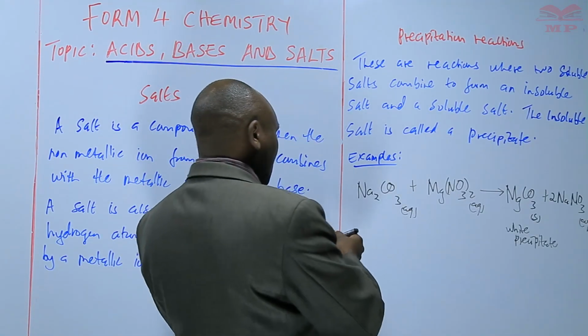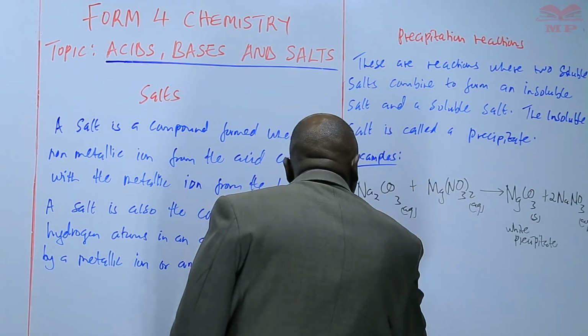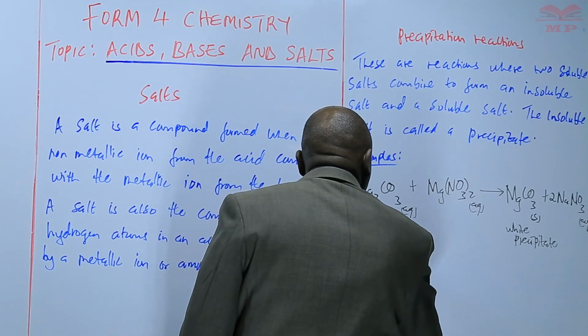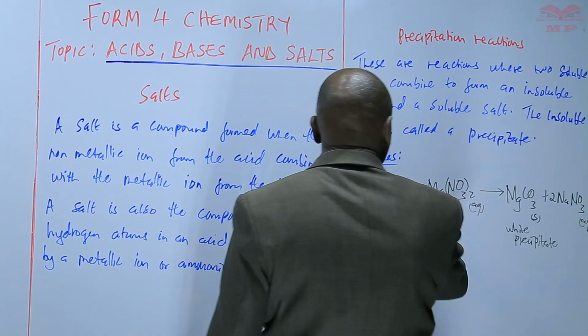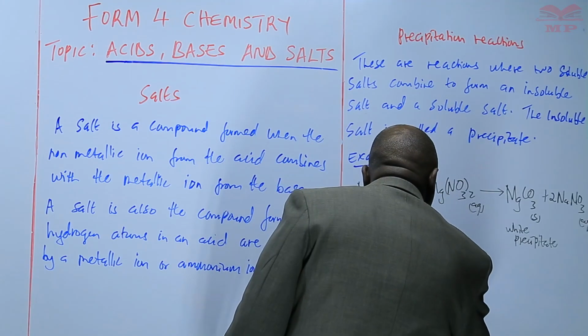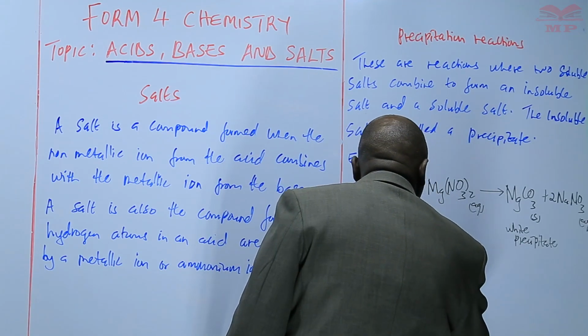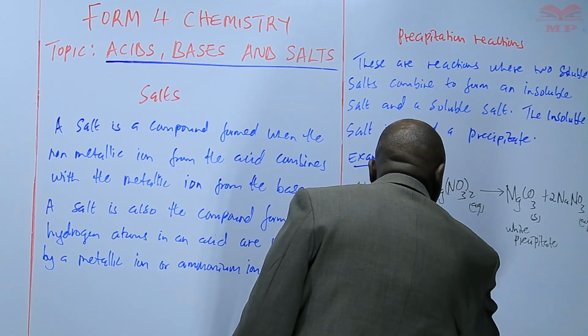And it has been formed as a result of carbonate ions. So you can write this in form of ionic equation. So ionically, we are saying that the carbonate ions, they were in solution form.